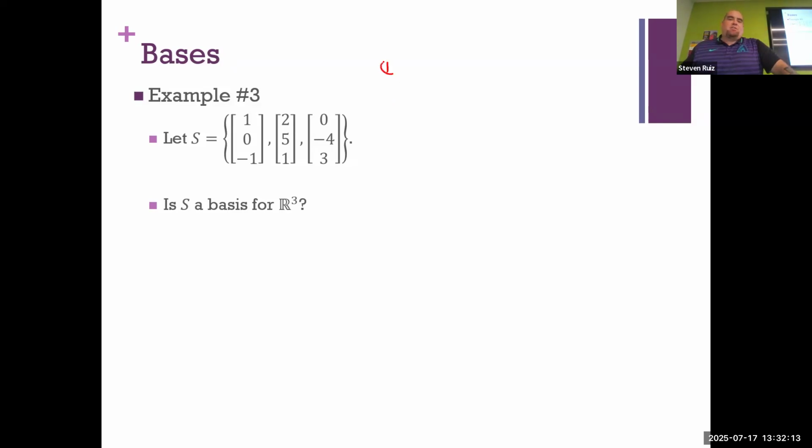But right now, our two questions are always, is it linearly independent? And does it span, in this case, R3? I don't think I know either one of those yet. But we've talked about what we could do to answer that question, or at least the linear independent part.